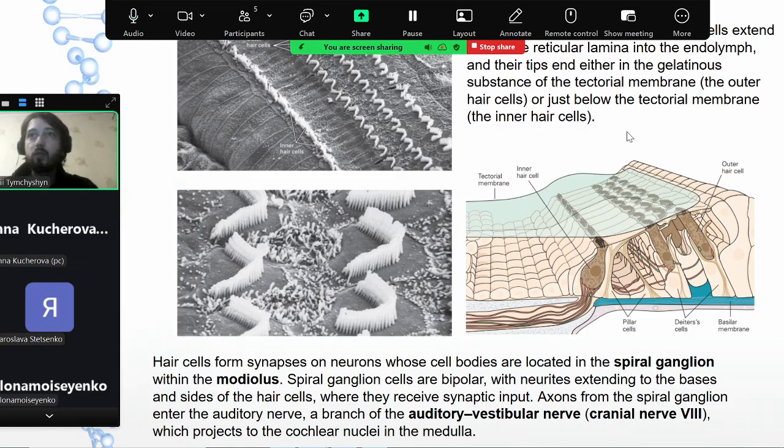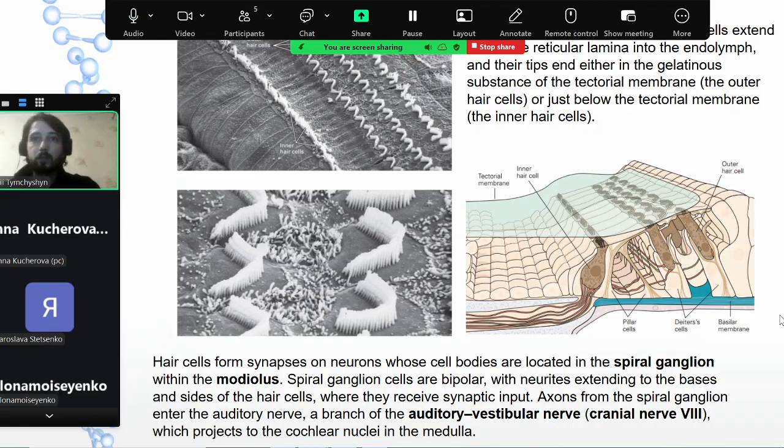It's an interesting point to notice that these cells have different parts of them in very different environments with respect to the number of different ions. And I will show you later why they need this sort of operation method.